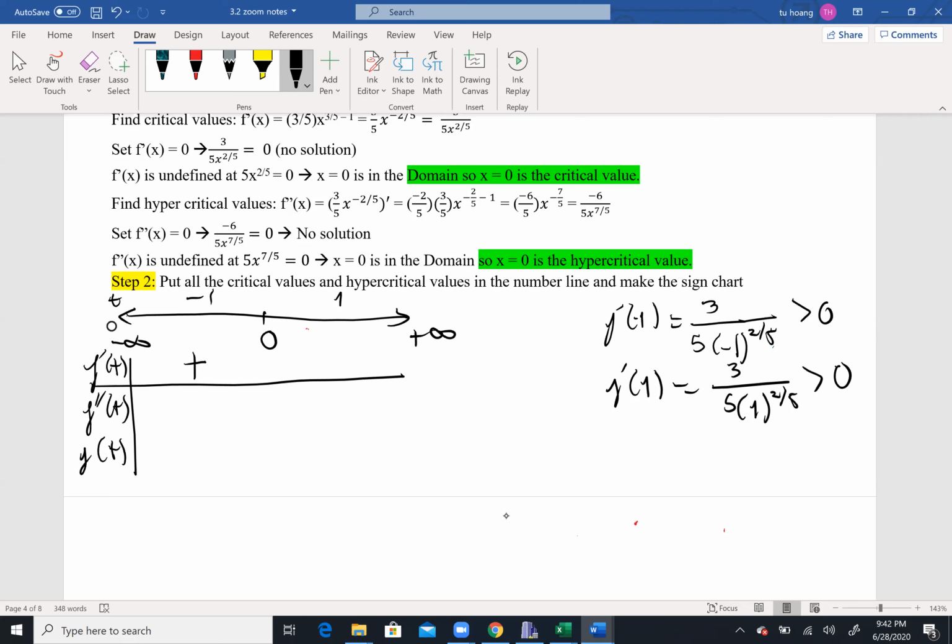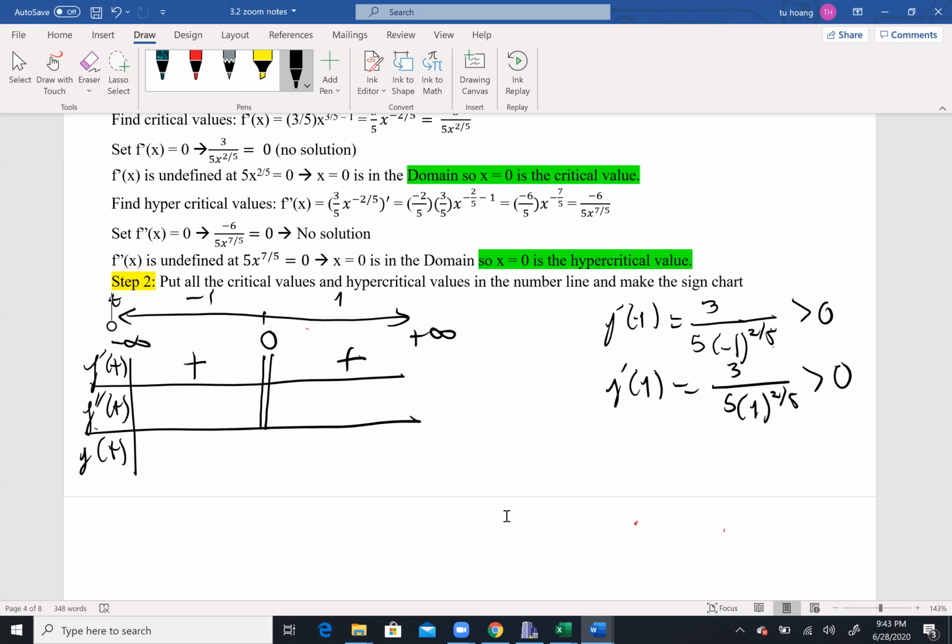That makes -1 become positive. So I have positive here, and at 0, the first derivative and second derivative do not exist.